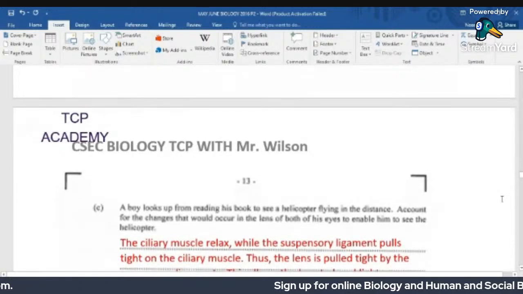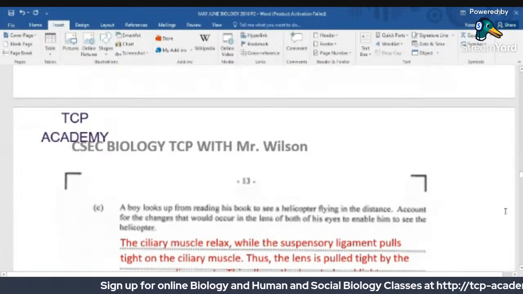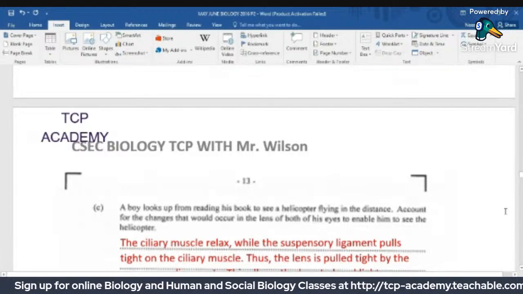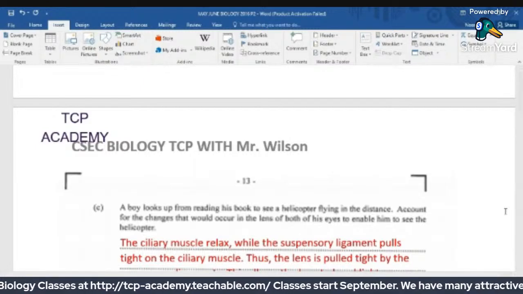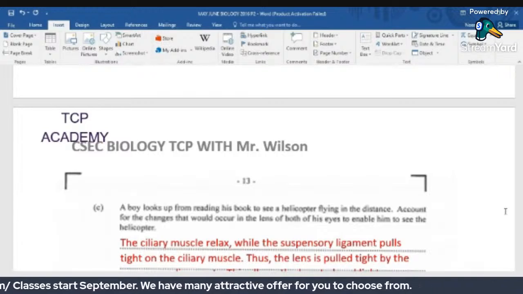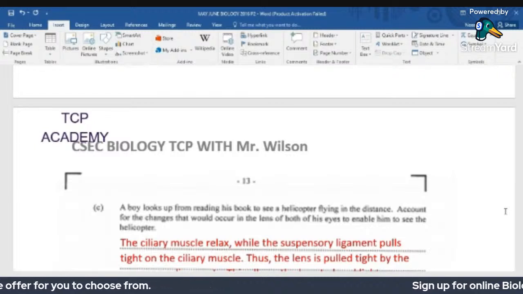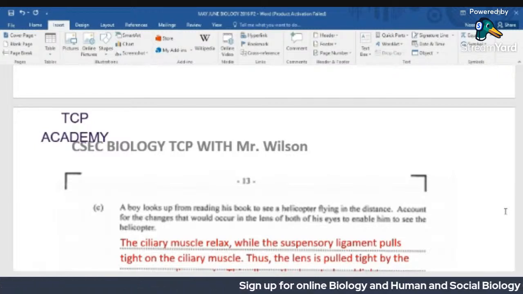We're looking at this. A boy looks up from his book to see a helicopter flying in the distance. Account for the changes that would occur in the lens of both of his eyes to enable him to see the helicopter. Here we are called upon to look at the ciliary muscle and the suspensory ligament.